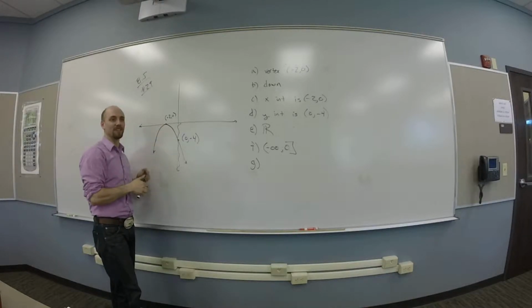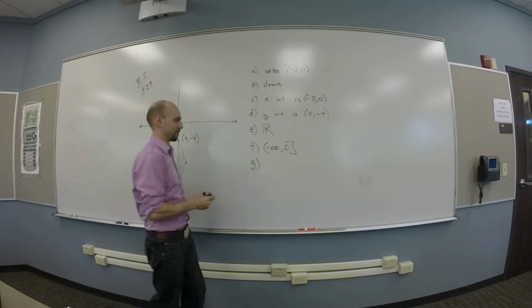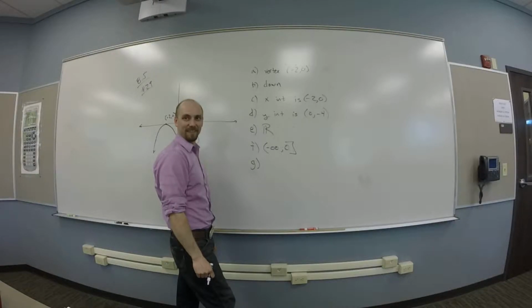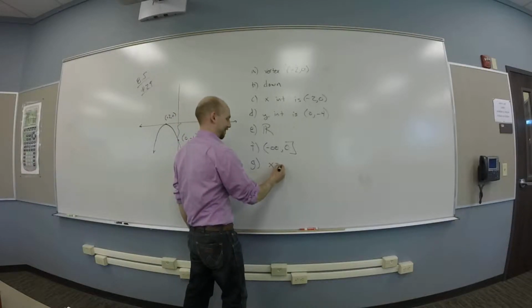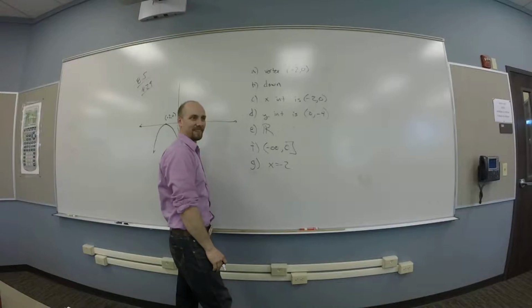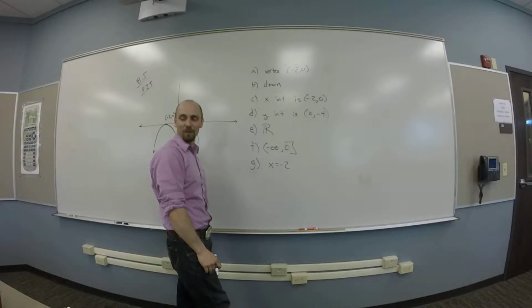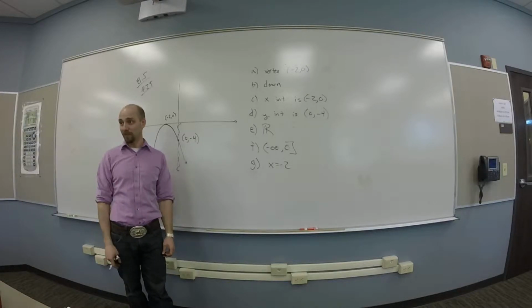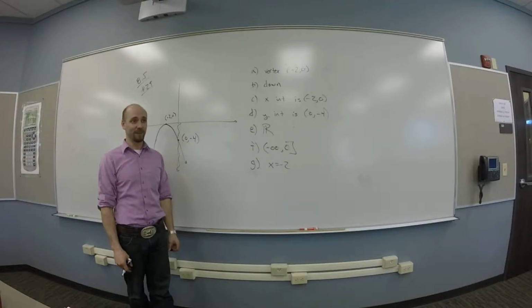Maybe just the single point, -2. There's one x value that gives you a positive output, and it's -2, only because we consider 0 to be both positive and negative.